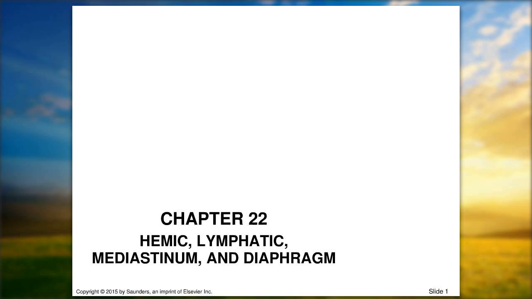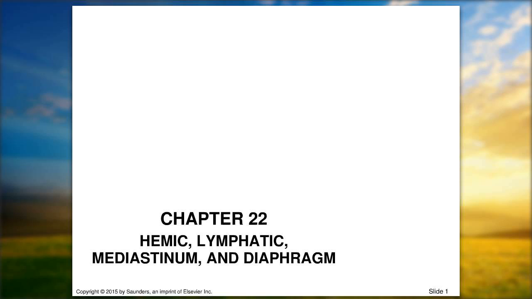This week, on page 642 for Chapter 22, what are the 5 regions of lymph nodes of the neck and group that is included in that region? Can anybody tell me? There are 5 regions, and these are what we would be looking for. Region 1 is the submental and submandibular group.